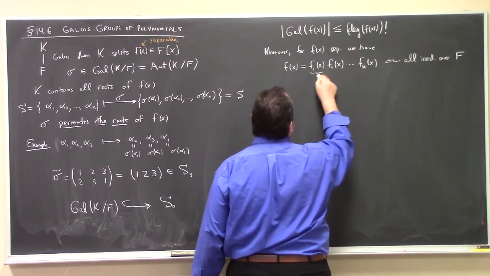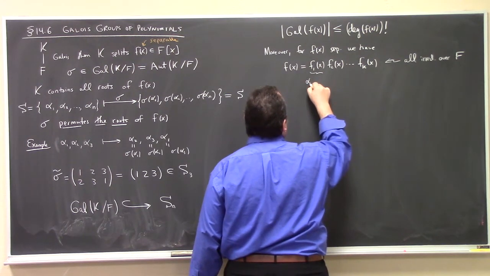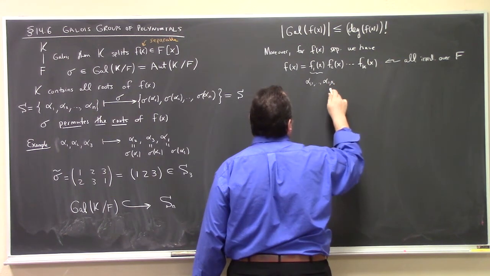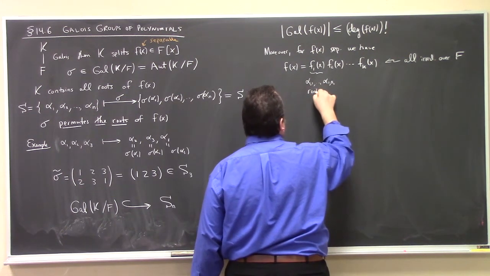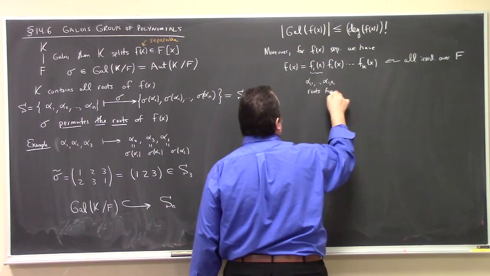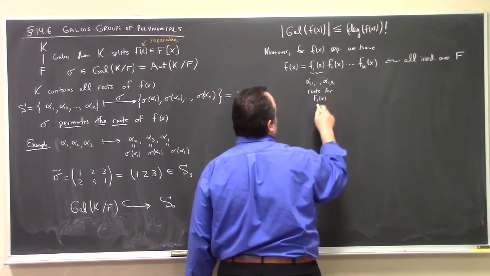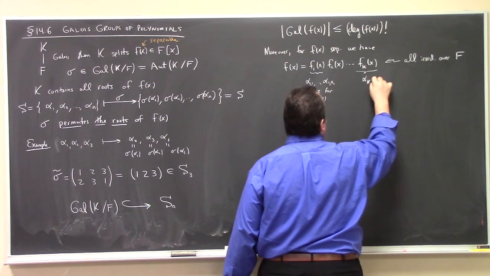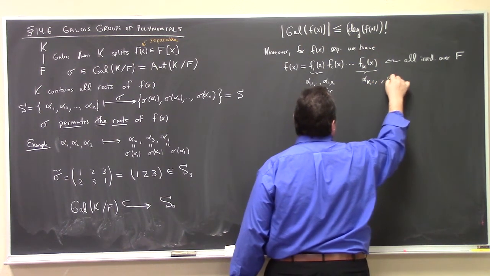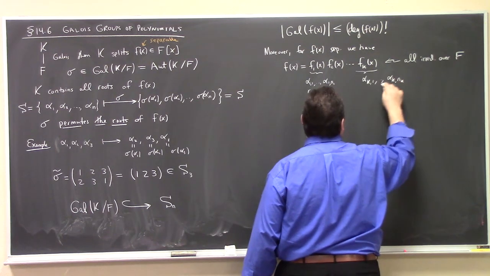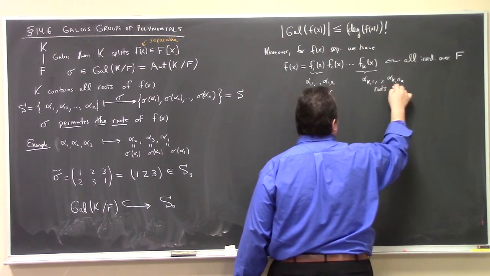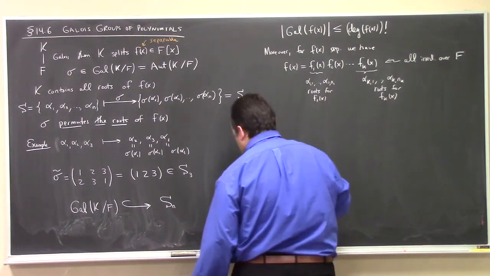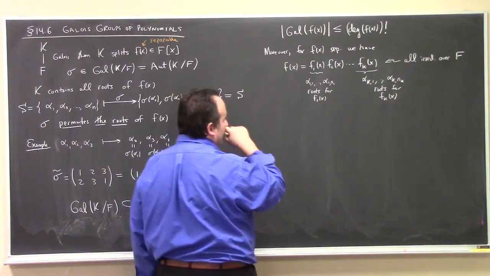Suppose this one has roots alpha 1,1 through alpha 1,n1, roots for f1 of x. This guy, alpha k1 through alpha k nk, roots for fk of x.